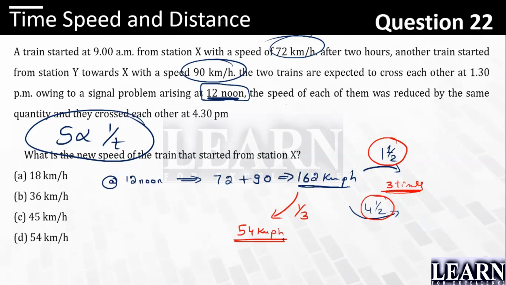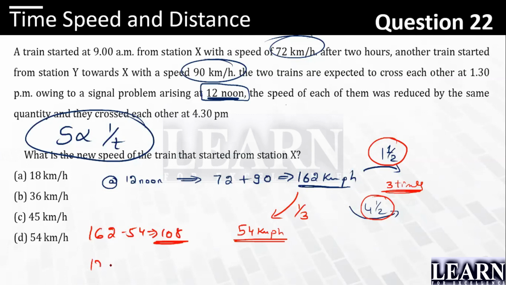Now look here, this is the last part which we have done in the previous case. Now the previous case is 162 and the new case is 54. Now they have told it is being reduced by an equal quantity. Take out the difference, divide it by 2 and subtract it. That's all. So I can say 162 minus 54, 108 is the total difference.